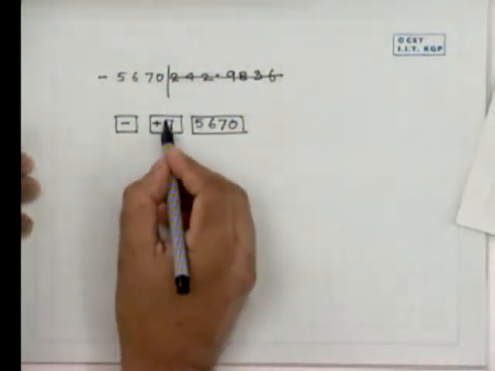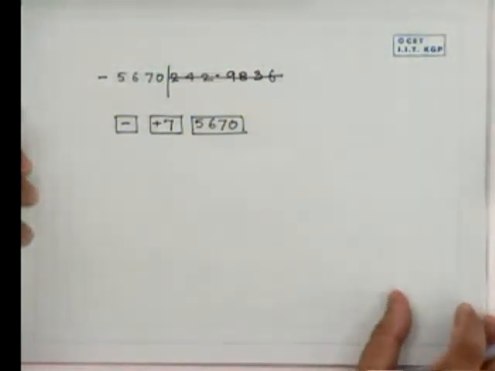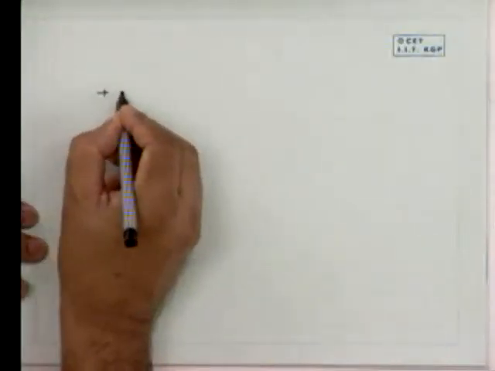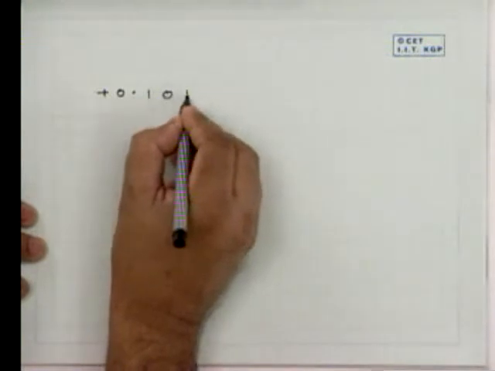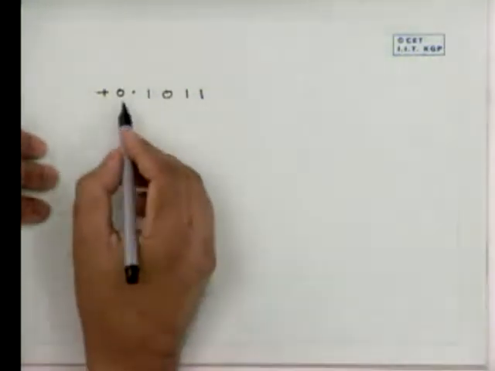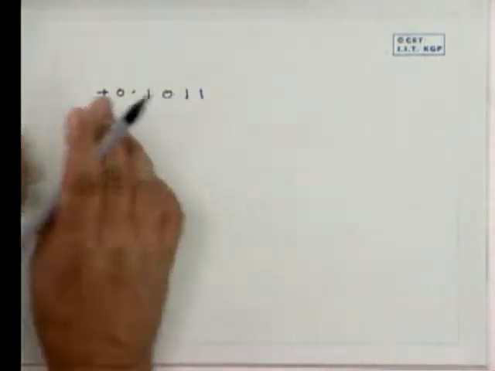Now, since our computer deals only with binaries, we can have a floating point representation of real numbers in binary. Let's take an example, say plus 0.1011. We take this as a positional number system.